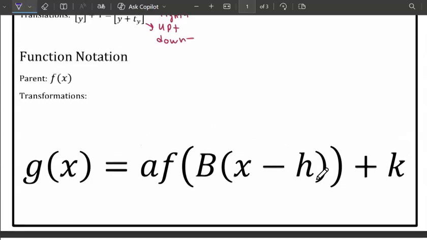Function notation. The parent function is usually called f of x, and then the transformation will be g of x equals a times f of b parentheses x minus h plus k. All right, so let's go ahead and map out all of our transformations. If it has a minus in front of it, it would reflect across the x-axis.